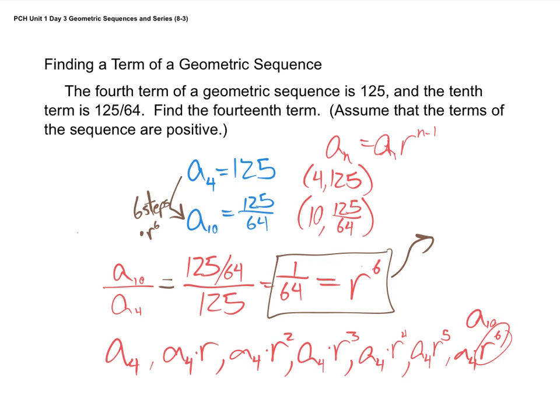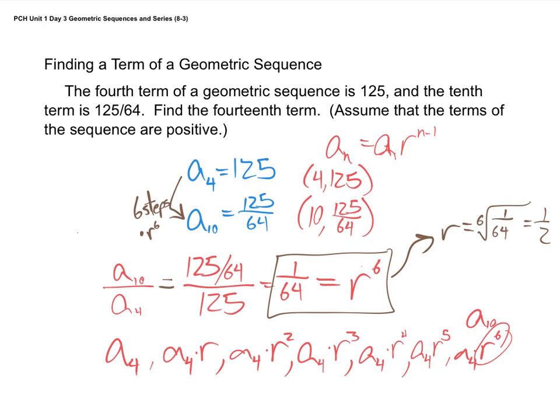That means r is the 6th root of 1/64, which happens to be 1/2. Now technically it could be negative 1/2. That's why I assume that all the terms are positive. Yeah, because you're only doing the even term, so we don't know if it's going positive or negative.